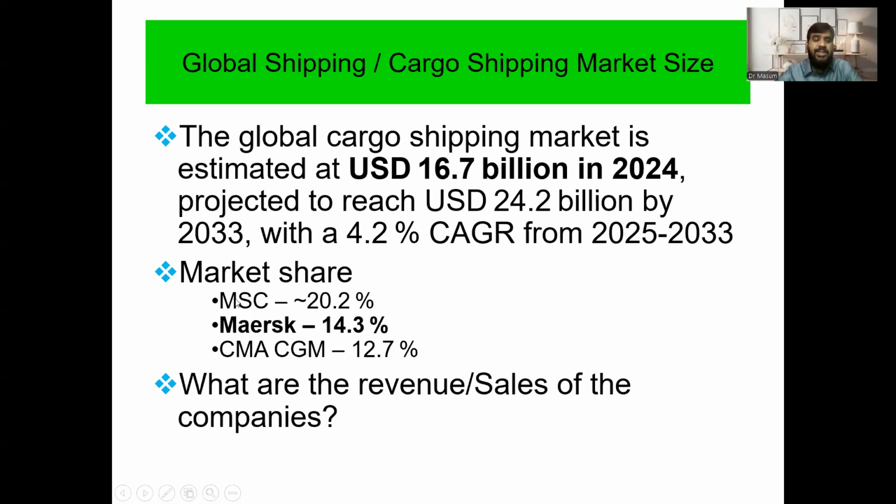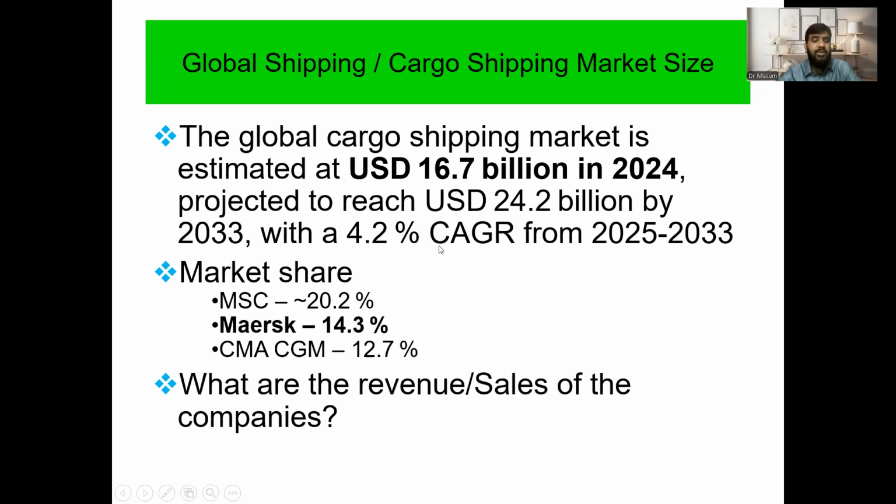And what is your market share? Here the statistics say that MSC has 20.2% share, Marx has 14.3% share, CGM has 12.7% share. So how has this share been calculated? This share has been calculated by dividing your amount of sales by 16.7.